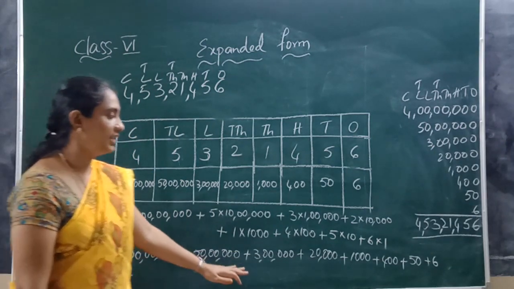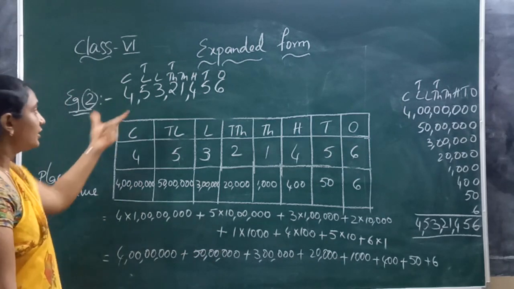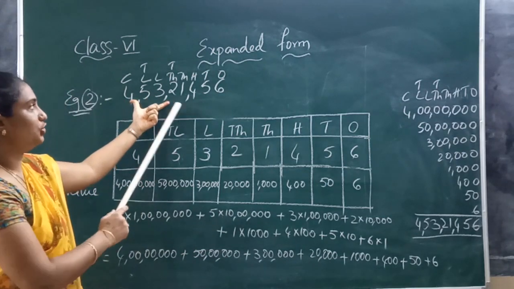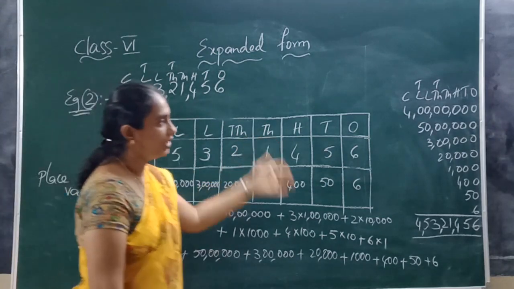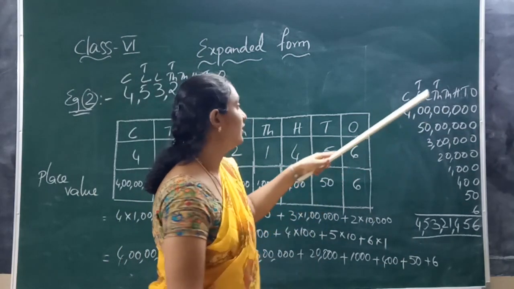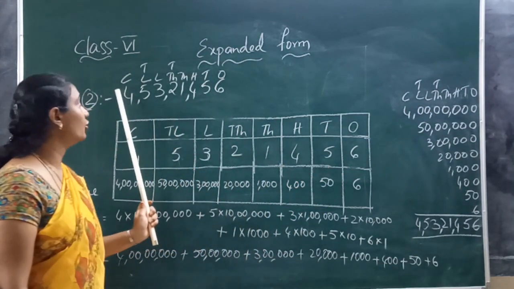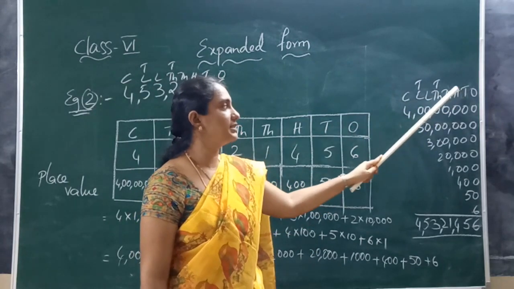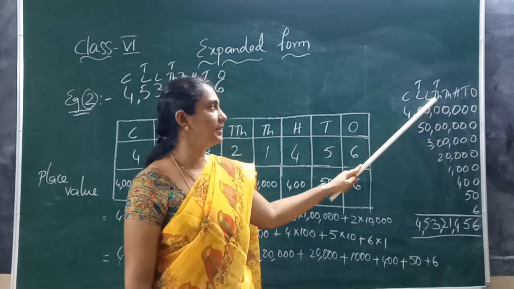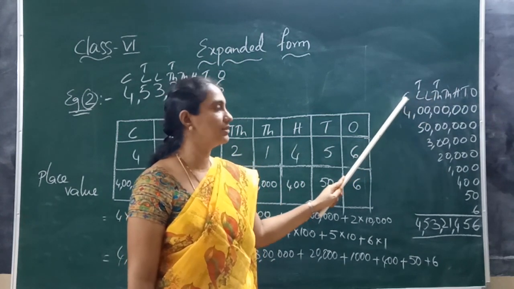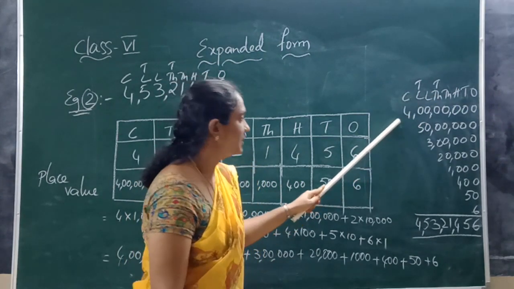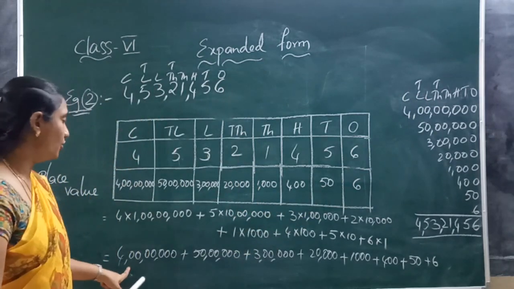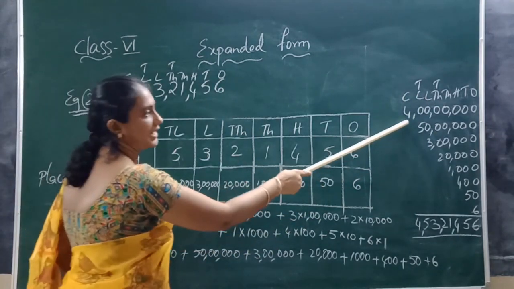By adding all the numbers, we have to get it in the short form. Let us add all the numbers. Now we got the place values up to where? Crores place. So first all of you write up to crores place: ones, tens, hundreds, thousand, 10,000, lakhs, 10 lakhs, crores. The first number we got is 4 crores, so right here.